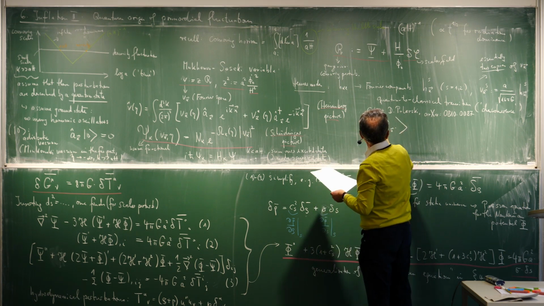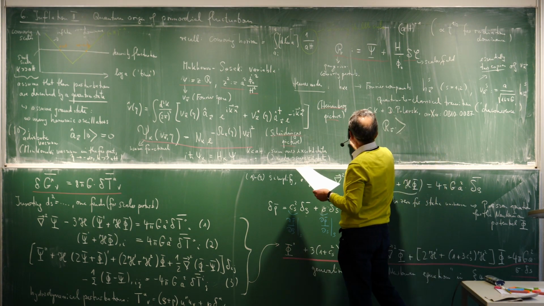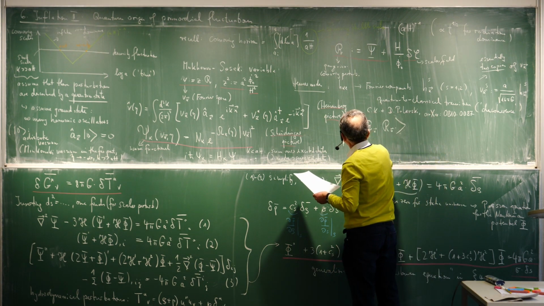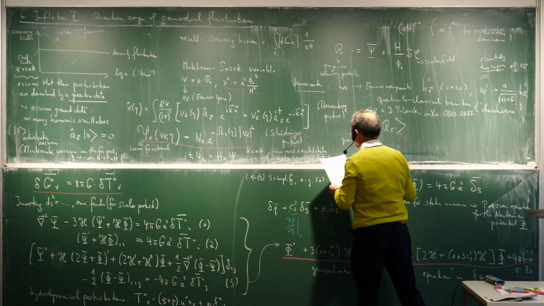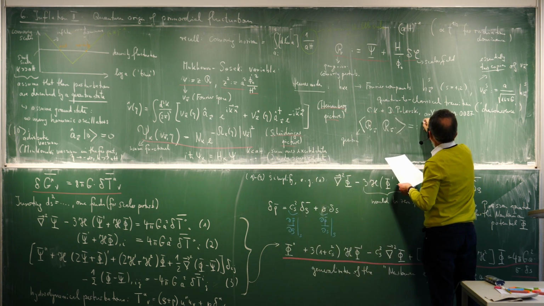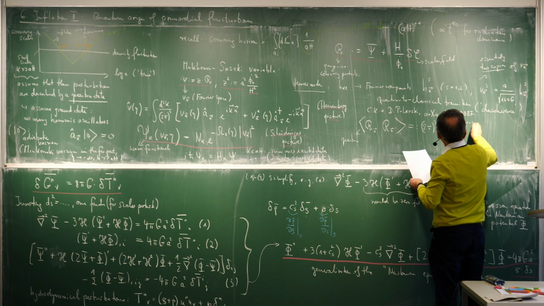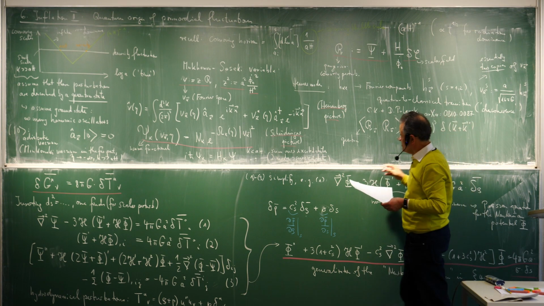So these are quantum expectation values, and this defines the power spectrum. There are some factors, and also there's this correlation that k is equal to minus k prime.